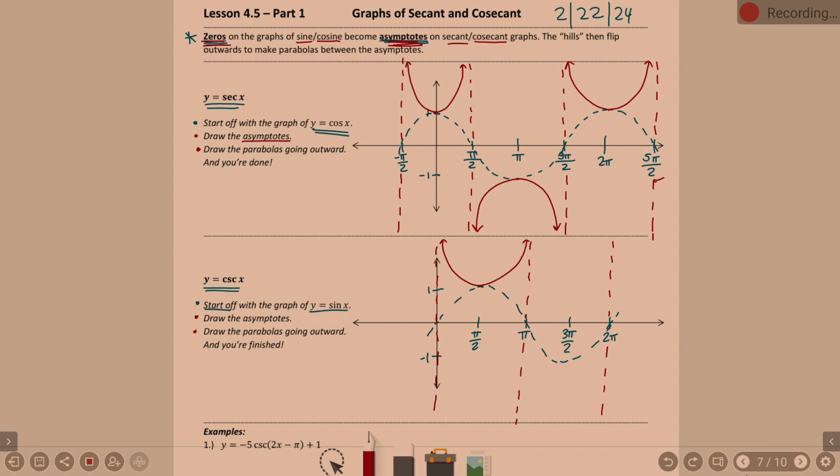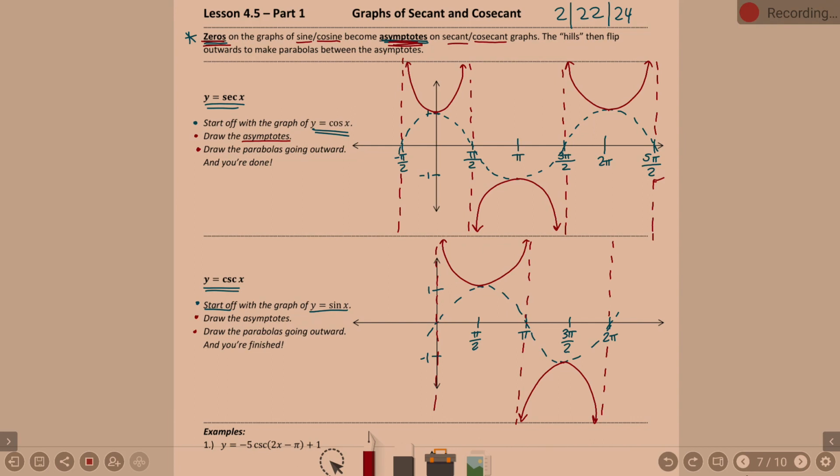Then, between our next 2 asymptotes, pi and 2 pi, there's a valley. A valley is going to flip down, and we're going to have a parabola opening downward. The top of that parabola meets the bottom of that valley. It touches it. And that is cosecant.